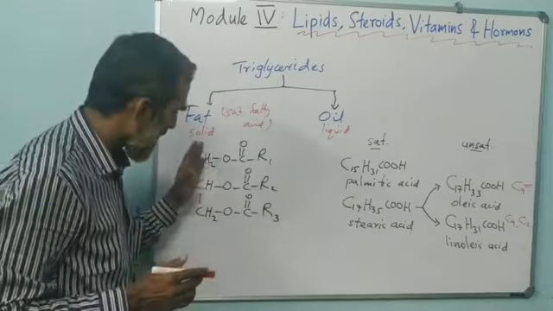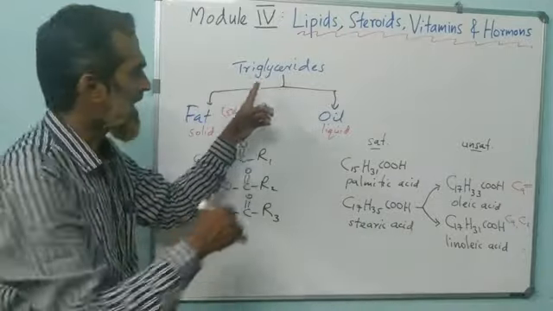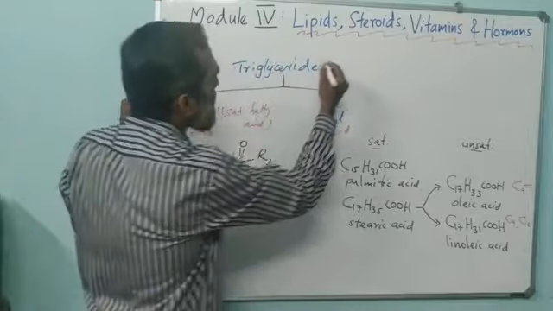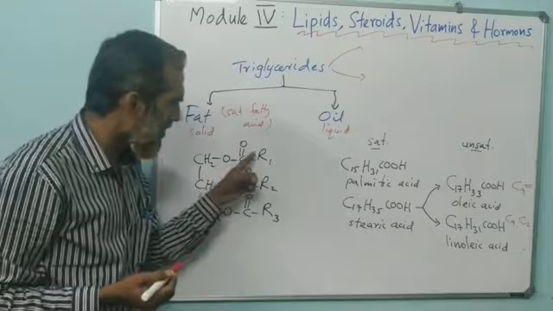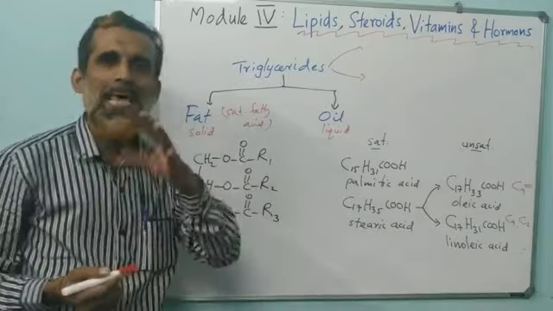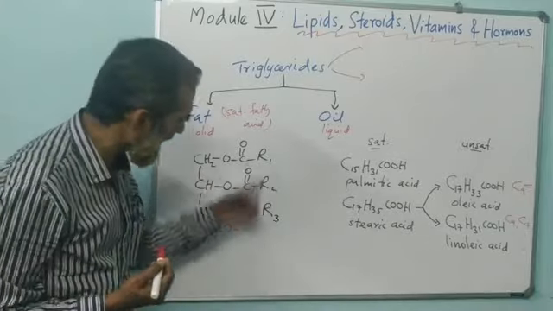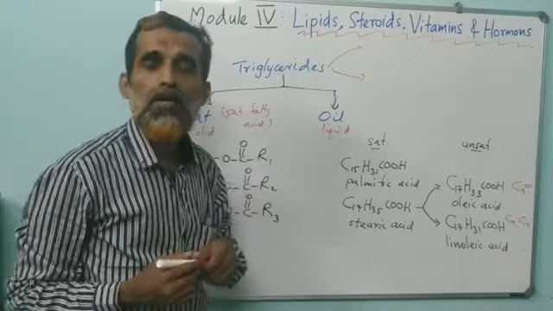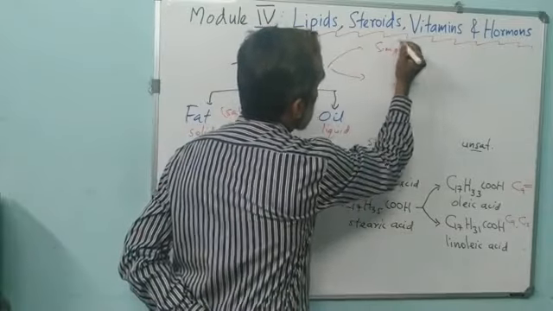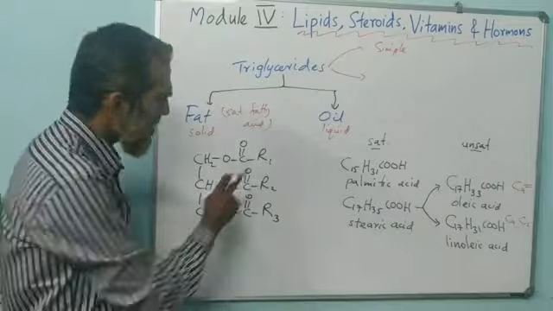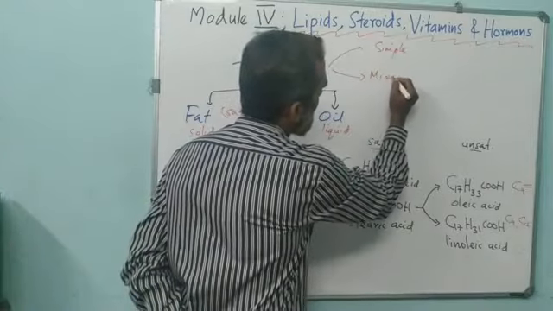See, triglycerides are again divided into two types in another way. It's based on whether this R group is the same or not. If all R groups are the same, then they are called simple triglycerides, right? If these are different, then it's called mixed triglyceride.